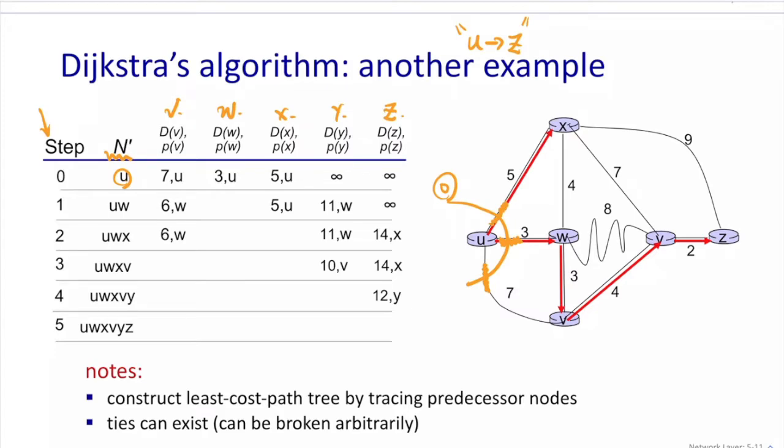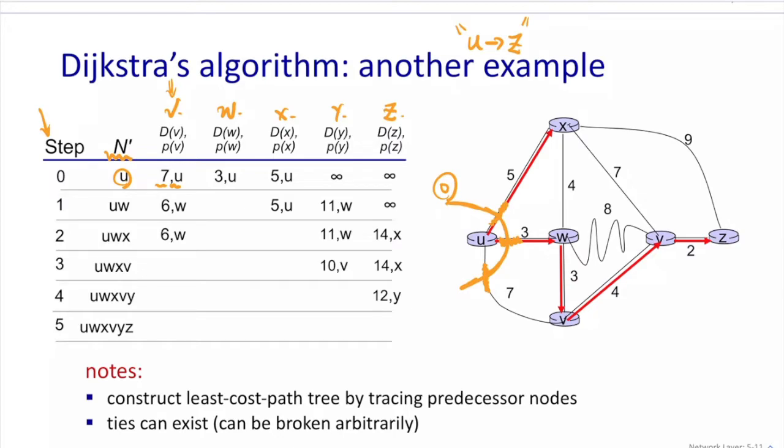Let's take a look at this very first node, which is V. And the 7,U means, can you go to node V across this boundary?